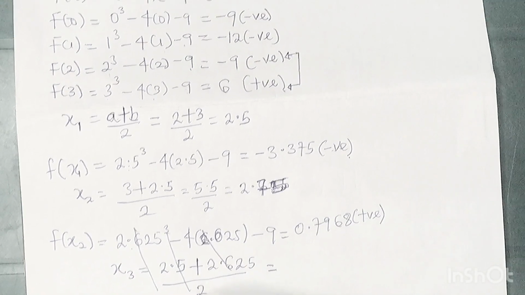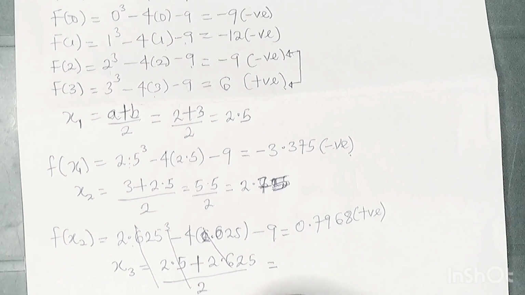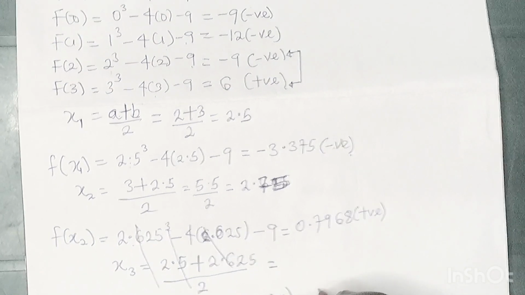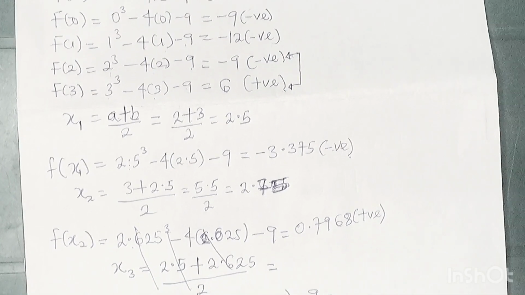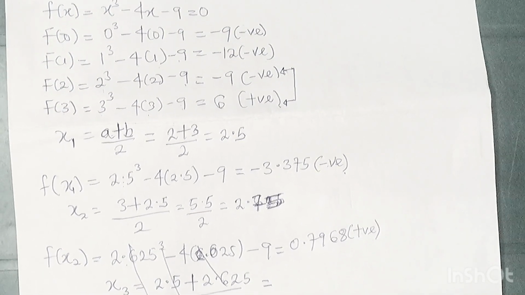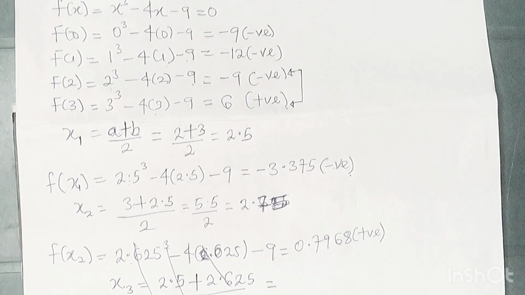So if you do that, it will be 2.75 raised to power 3 minus 4 into 2.75 minus 9. If we do that, we are going to get 0.7968, which is positive. Sorry about the mistake there.